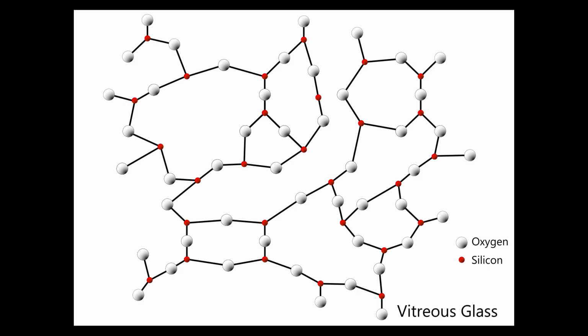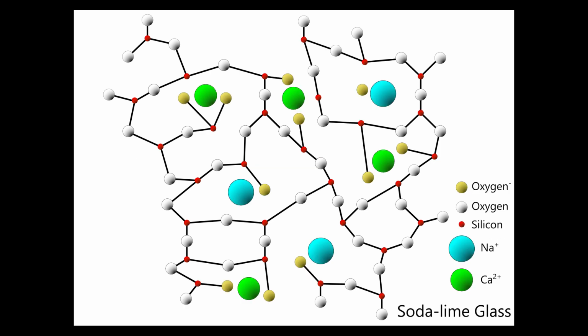But then we are lucky again, because we discovered that if we introduce some ions into the glass, some sodium or some calcium, then we obtain something called a soda lime silica glass. This type of glass is now good enough for making bottles or glasses or even some recipients for chemical reactions.